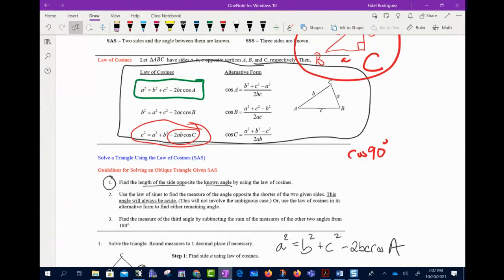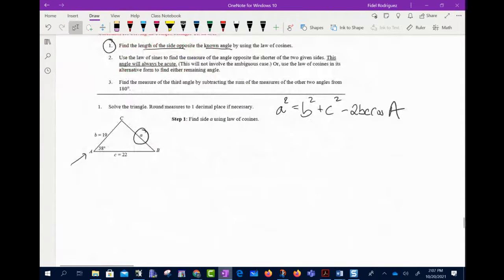Okay, so now we want to find the side A using the law of cosines. Let's go ahead and do that. We should be able to do this simply by plug and chug. A squared equals B squared. B is 19, so 19 squared plus C, which is 22 squared, minus 2 times B and C, 19 and 22, cosine of how much? 38, thank you.